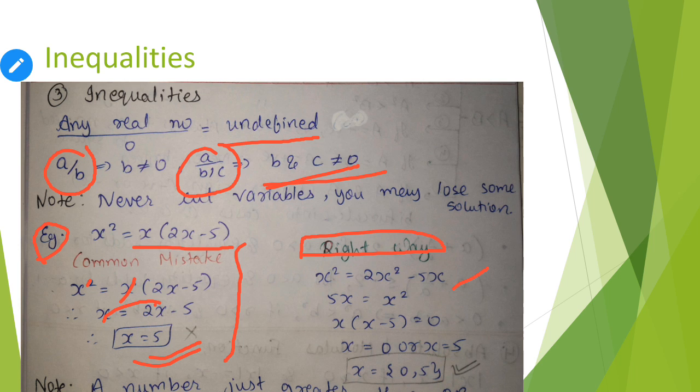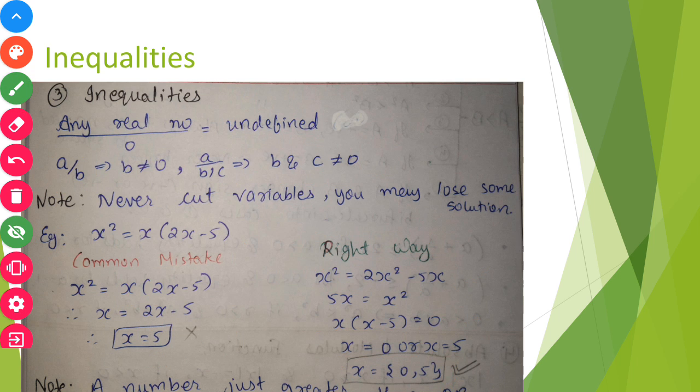Now bring x square on the right hand side and minus 5x on the left hand side. So we get 5x is equal to x square. Now bring both on one side and equate to 0. Taking x common, we get x into x minus 5 is equal to 0. So we get x is equal to 0 or x is equal to 5. So we got two solutions, two roots, x is equal to 0 and x is equal to 5.